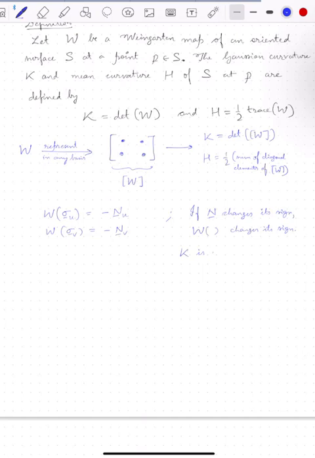So K is invariant to sign change of n, but H is dependent on the sign change of the n vector. And that's the reason we always say that Gaussian curvature is also called the intrinsic curvature, something which does not depend on the choice of representation, right? However, H, the trace, actually depends on the choice of representation. So because of which it happens like that.